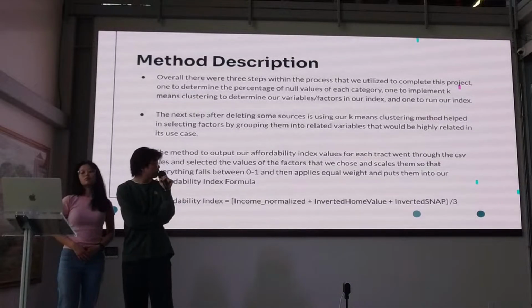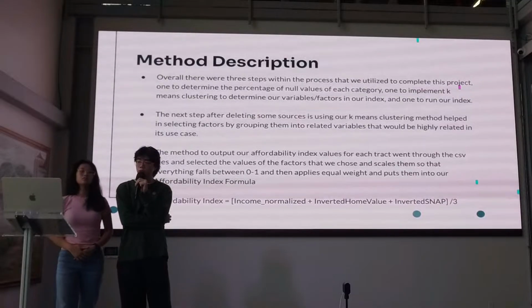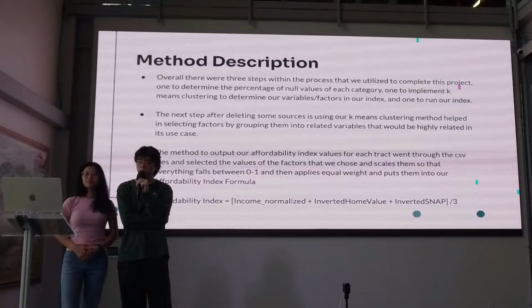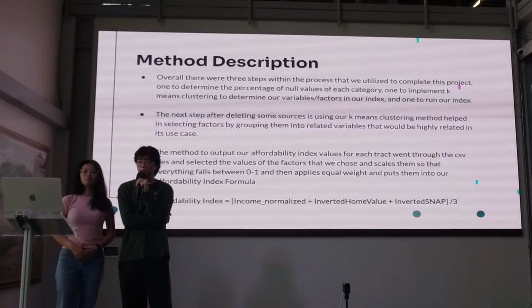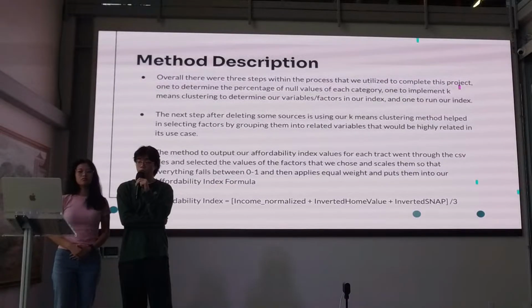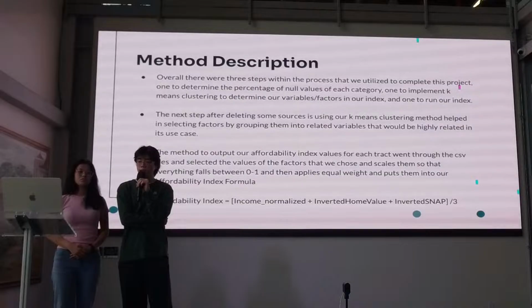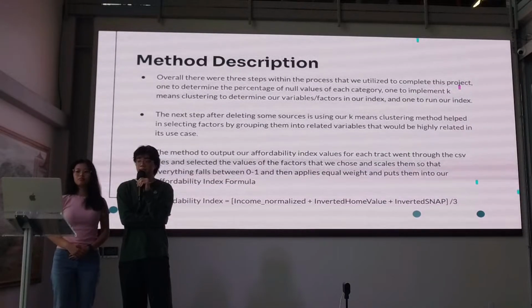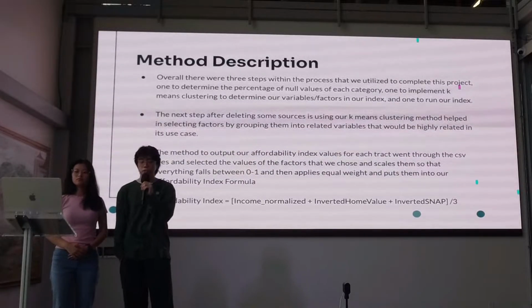All right. So for this project, we used 3 steps to really try to encapsulate our values that we would derive from the data. The first step would be combing through and limiting the sources by seeing which source would have too many null values to compute with even. And then the next step would be determining which sources to use through a k-means clustering method.